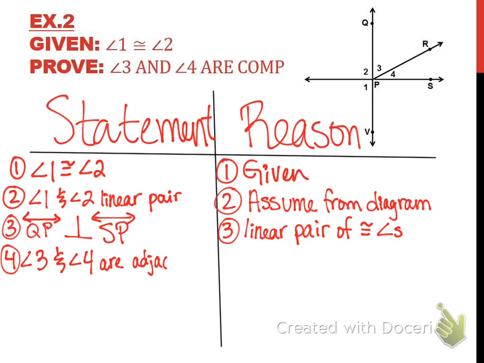I'm not saying I would require that step, but if you see it in a proof where you're filling in the blanks, I want you to have seen it before. This is something else that our reason would be what? Assume from the diagram. We can see in the diagram that they are adjacent.